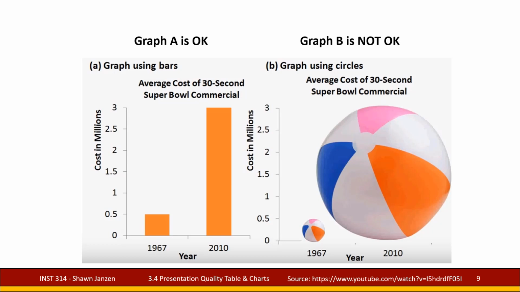You'd be wondering why you're using beach balls for that, but that point is really just for this example. But when you're using the circle idea with these beach balls and you are expanding them in size, it is no longer just their height, but their overall volume that's distorting the image of the data being presented.